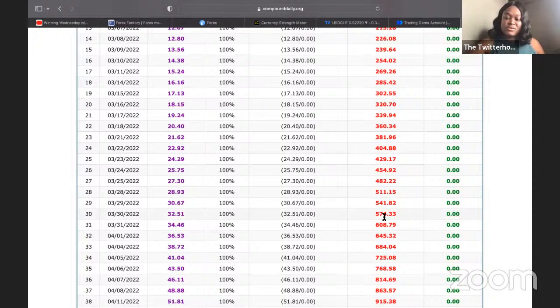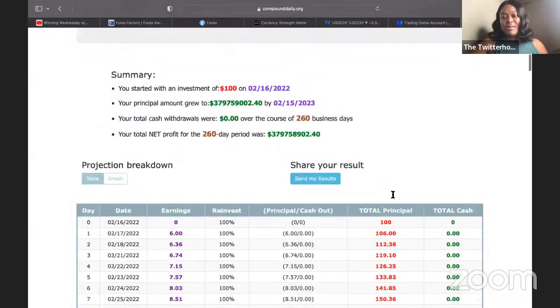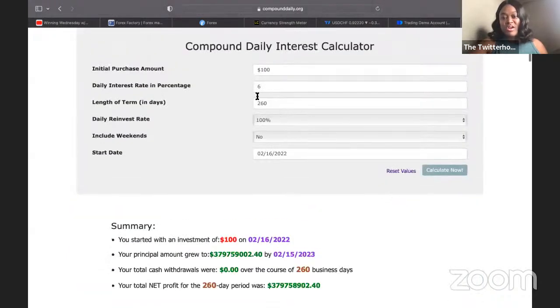You'll have $574 in that account. By day 28, you would have hit that $500 mark. And that's if you had perfect math. But yes, so in a month, growing your account by 6% on $100, you could do that.